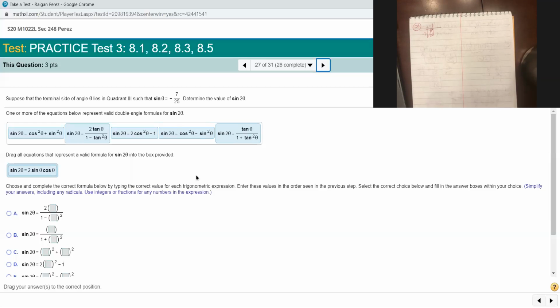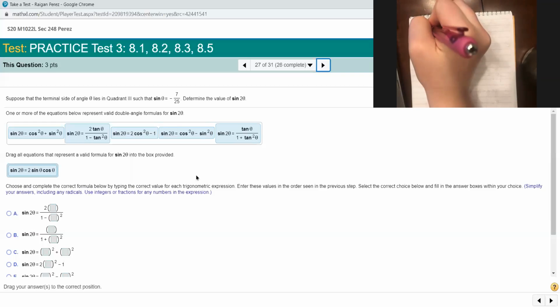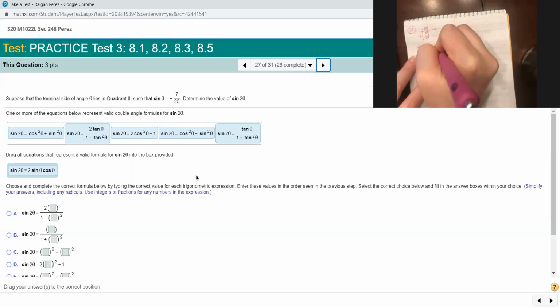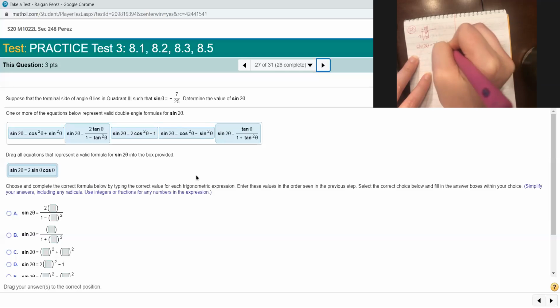So 25 squared minus 49 is 576, and the square root of 576 is 24. So this at the top is negative 24. So sine of the double angle is 2 times sine, which is negative 7/25, times cosine, which is negative 24/25.